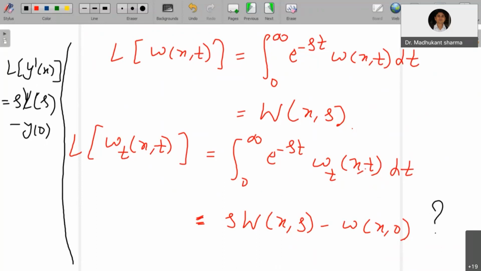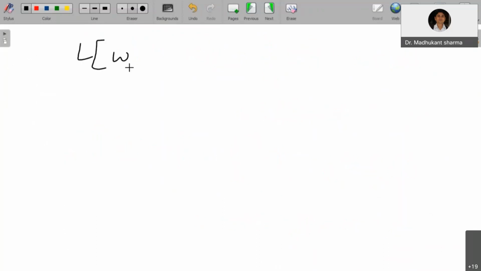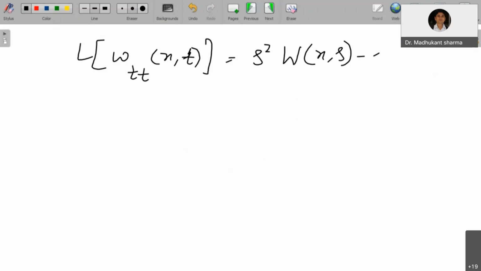Similarly, you can go for the Laplace transform of the second derivative with respect to t, and you can verify that this is s square times the Laplace transform W of x comma s, minus s times w of x comma 0, minus w_t of x comma 0.